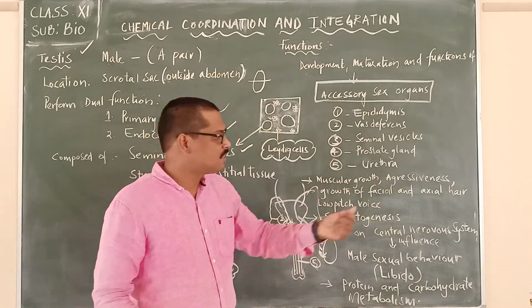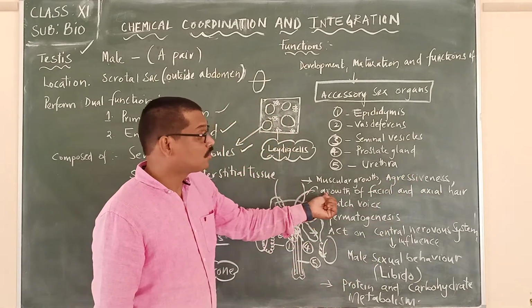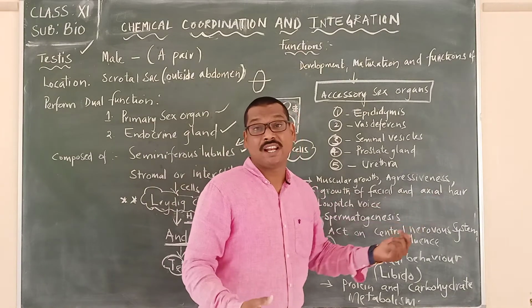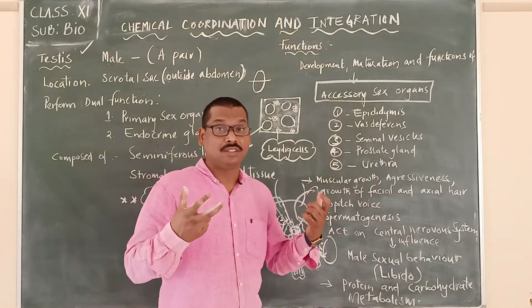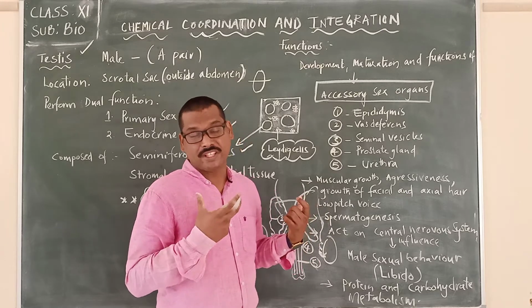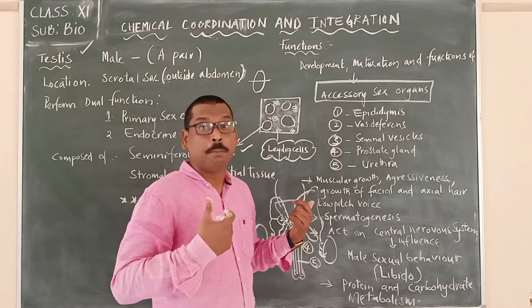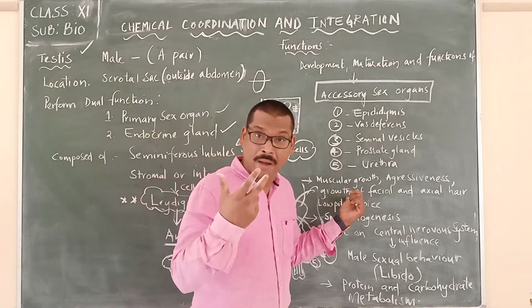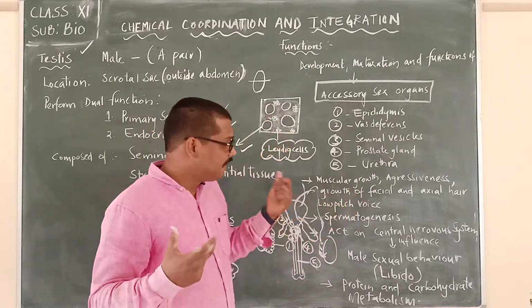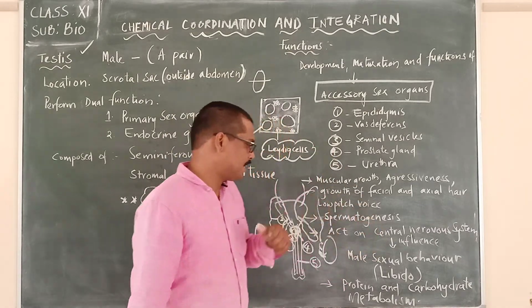That aggressiveness is seen because of the testosterone hormone. And growth of facial and axillary hair, growth of hair in different parts of the body, especially on the face, beard or mustache, and in the armpits. It is because of the testosterone.